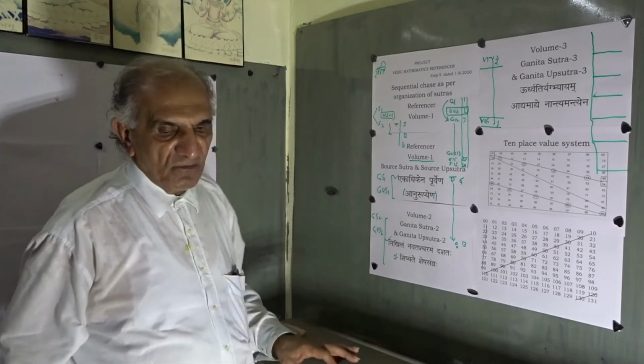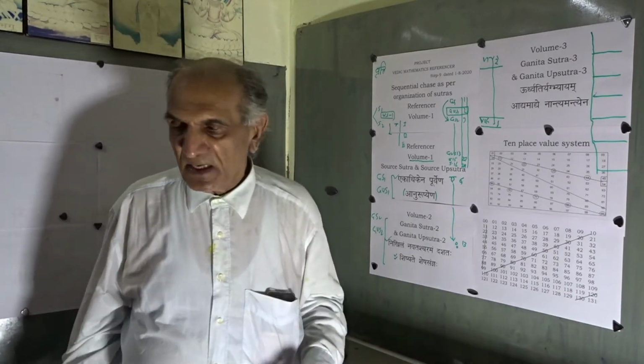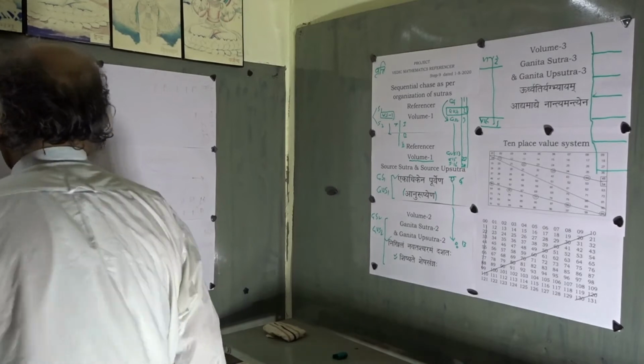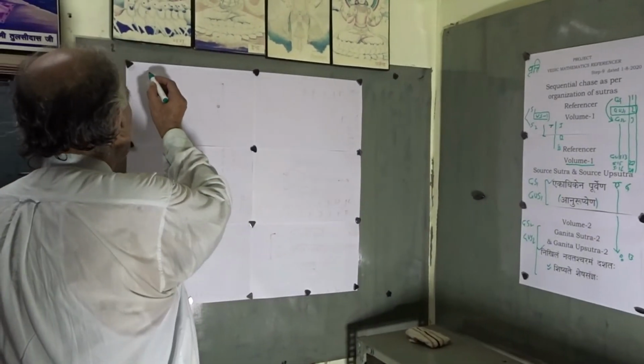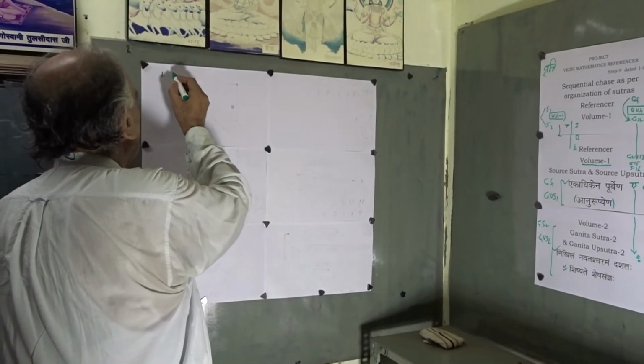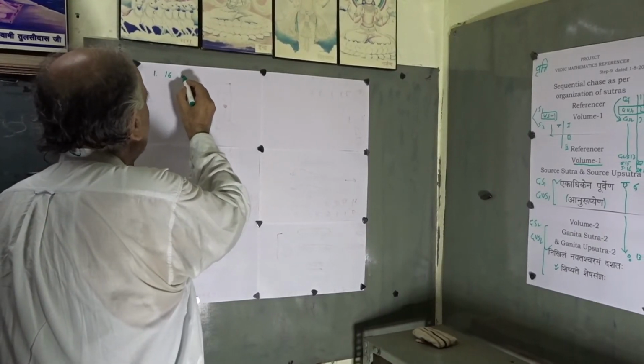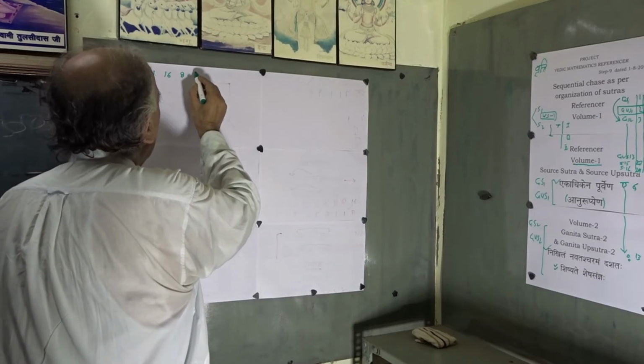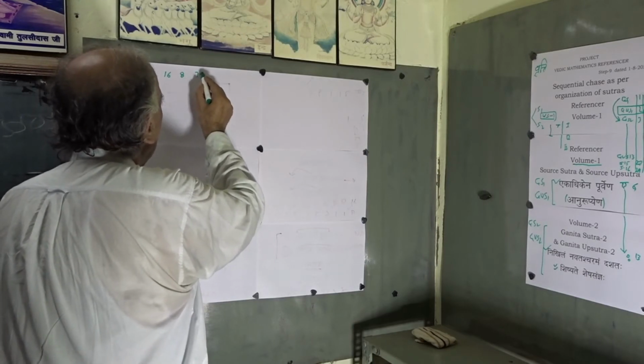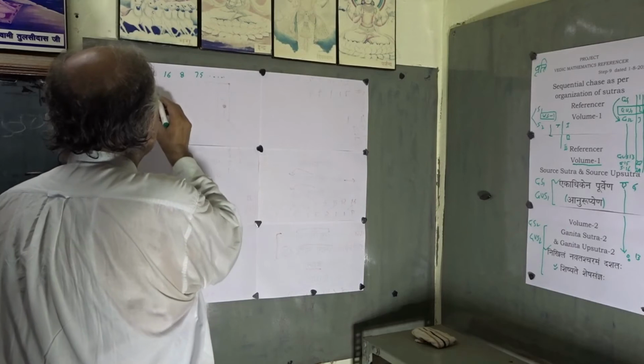It is here that we shall pause and put to ourselves that Ganita Sutra-1 is of 16 letters, it is of 8 syllables, it has a TC value of 75, and like that there will be features.